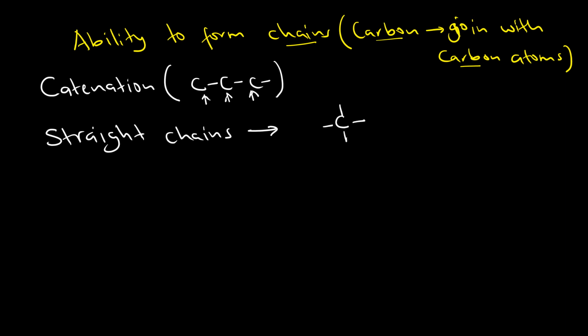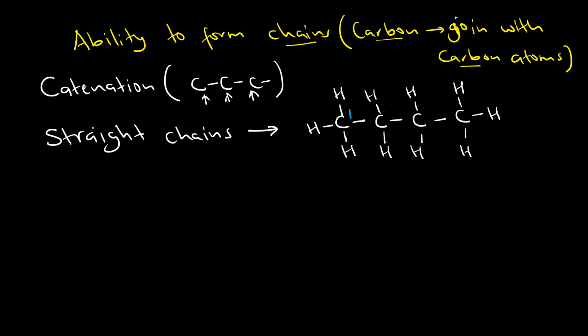We shall understand this structure later on, but one thing you should note is that it is straight. So we have 4 carbon atoms with hydrogen atoms. We shall later learn which compound this is, but if you look at this chain, you realize that we have 4 carbon atoms in line. This is 1, 2, 3, 4.